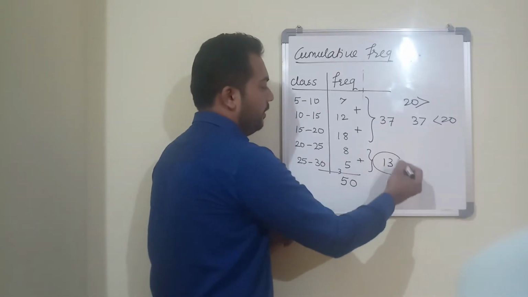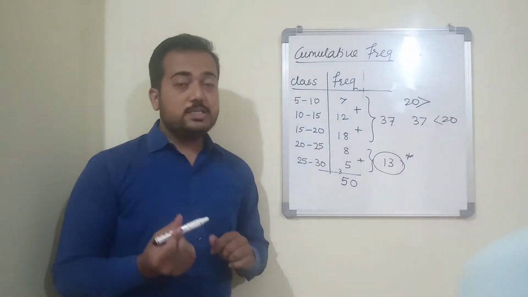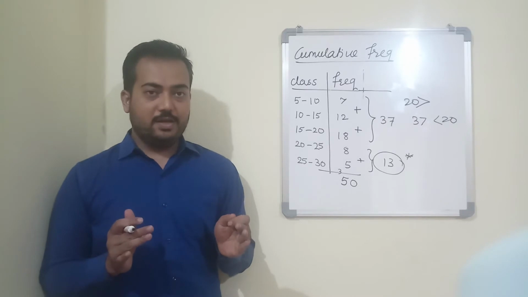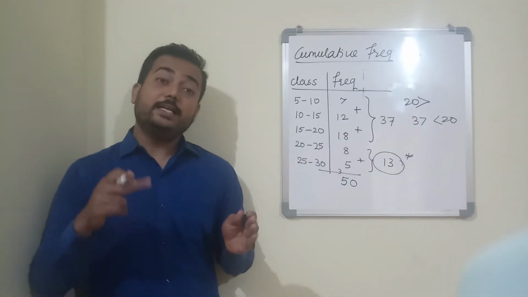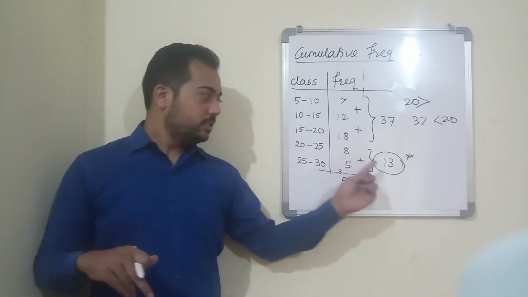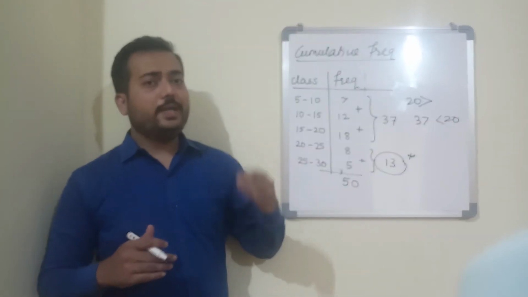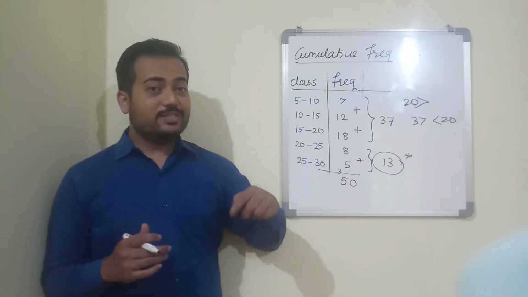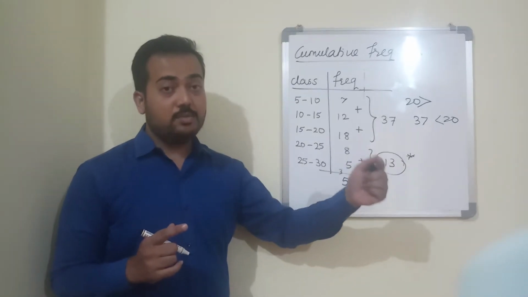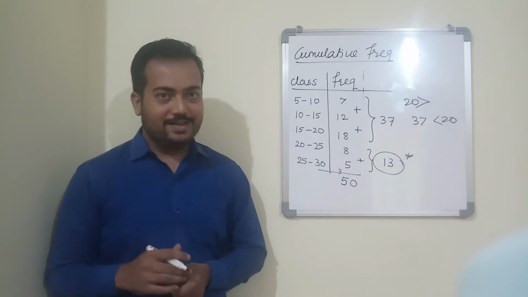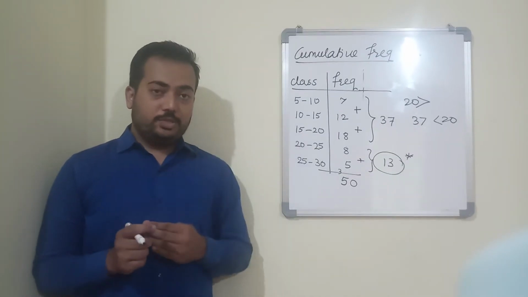Now we need to consider one thing: these 8 values between 20 and 25 are actually 20, 21, 22, 23, 24, and it includes 20. So all of these 13 values cannot be more than 20. Some of them could be equal to 20. So technically, the correct way to say it is that 13 values are more than or equal to 20.